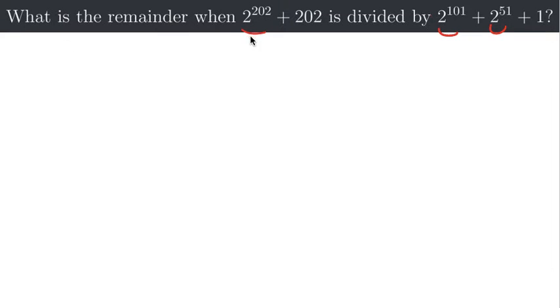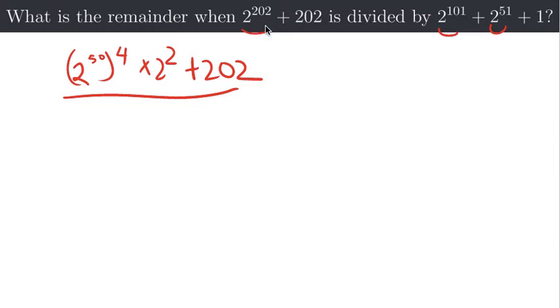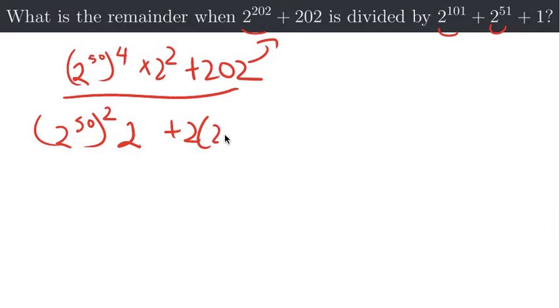So we can write the numerator as 2 to the power of 50, to the power of 4, times 2 squared, plus 202. And in the denominator, we can write 2 to the power of 50 squared times 2, plus 2 to the power of 51, plus 1.